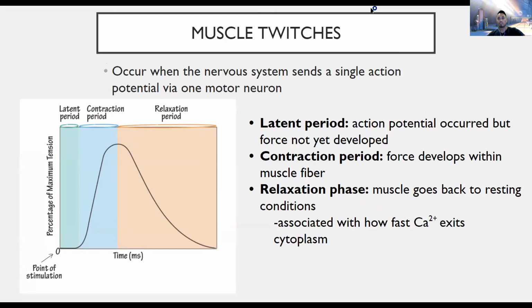The contraction period is when force develops within the muscle fiber, and that's where we see the maximum tension on the graph. And the relaxation phase is when the muscle goes back to resting conditions. You can see it going down here all the way to 0. The relaxation phase is determined by how fast calcium can exit the cytoplasm and get back into the sarcoplasmic reticulum.